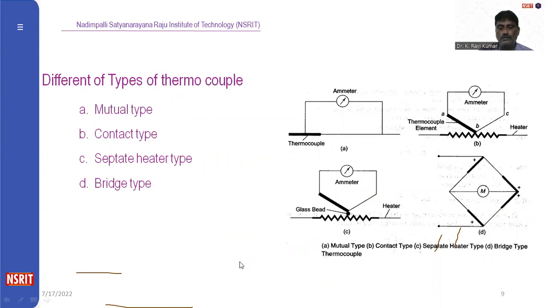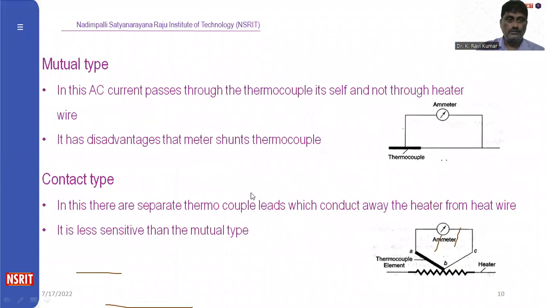Here we have the mutual type, the contact type, the separate heater type, and the bridge type thermocouple. We will discuss them one by one. The first one is the mutual type thermocouple.